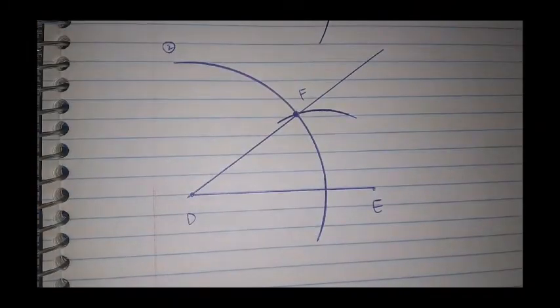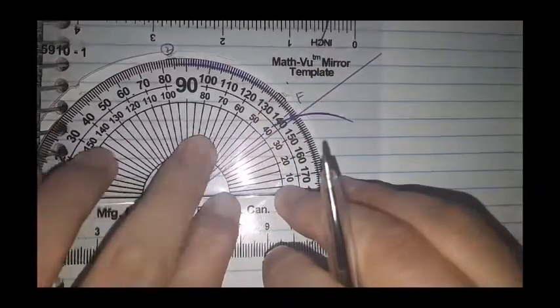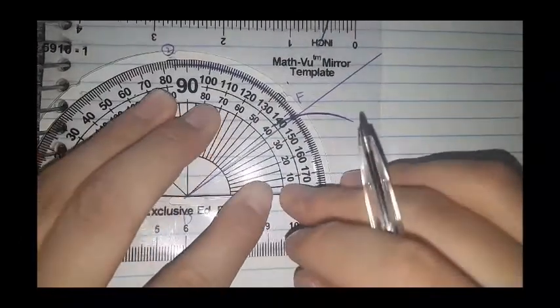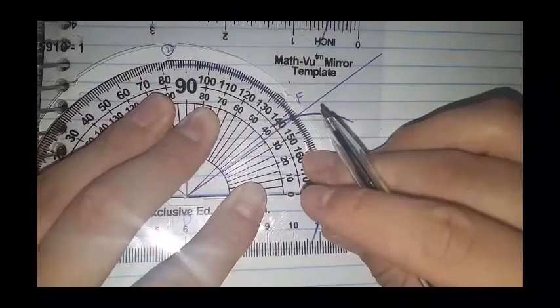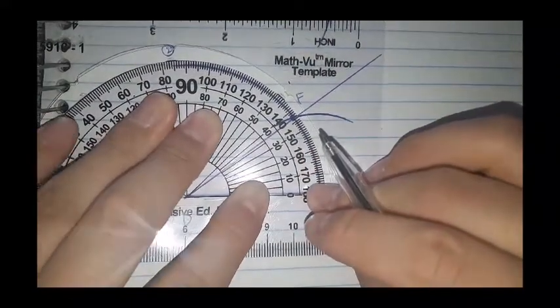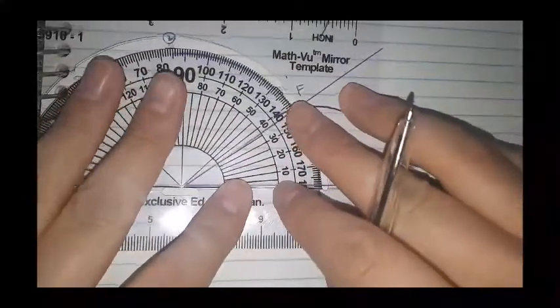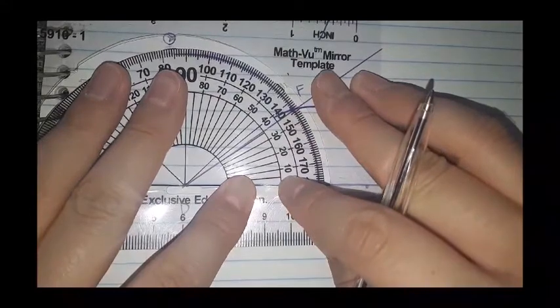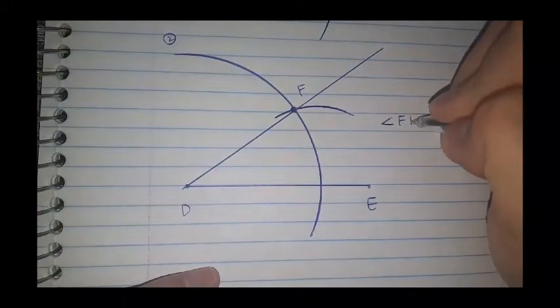Now let's double check my angle D. If I relocate my protractor over here, at the center, it is 38. Oh, no, it's not, sorry. It's 35. I got 35.